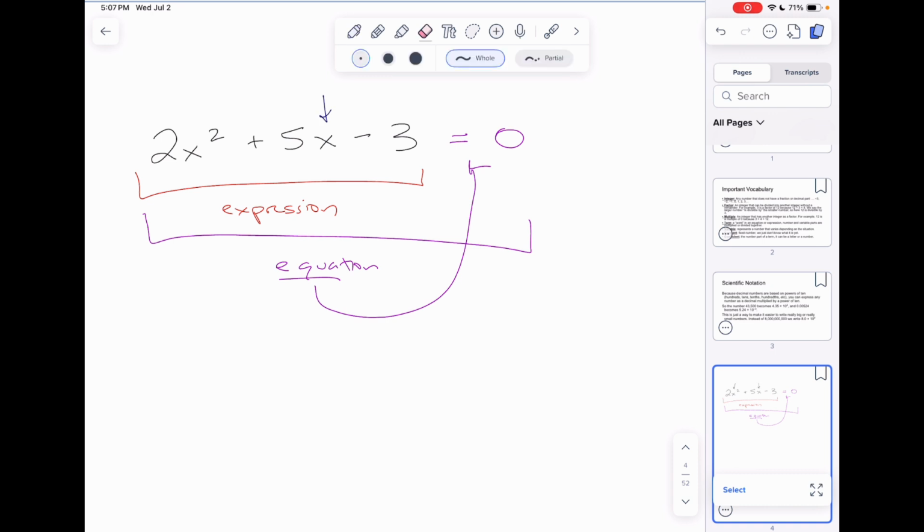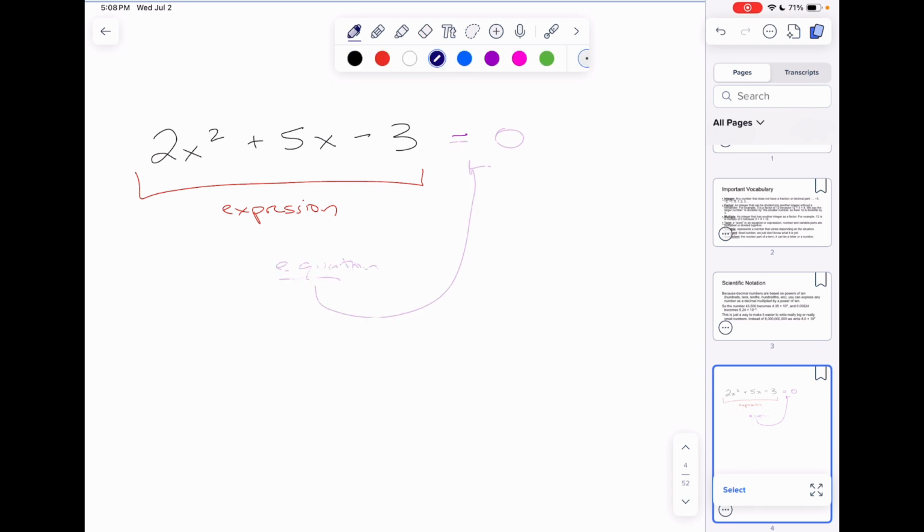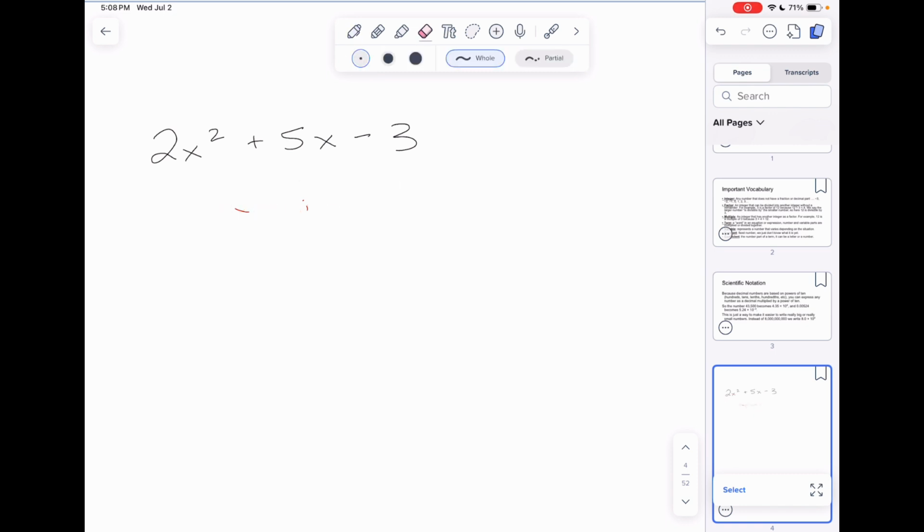Now, each part of an expression is called a term. So if we're looking at this one over here, each term is held together with multiplication or division. So this is one term. I'm including the sign in front of it so you can know it's a positive term.